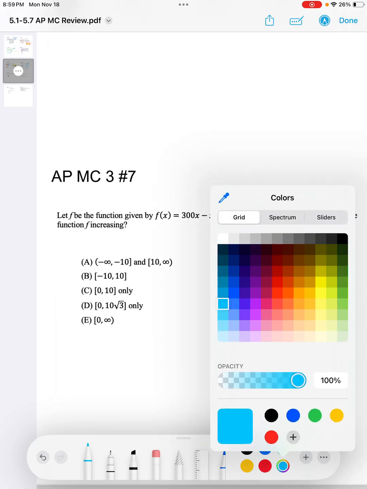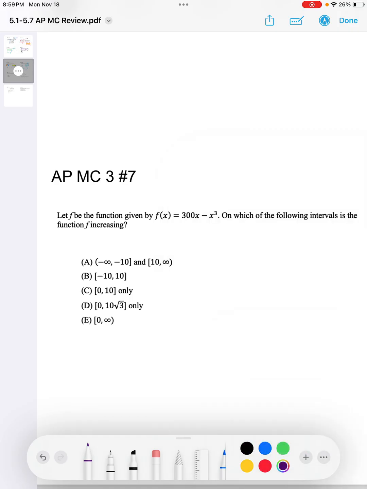All right, next one, number 7. We are looking for intervals of increasing. Intervals of increasing, I'm looking at f prime of x greater than 0. So I'm going to start off right away taking my derivative. That's going to be 300 minus 3x squared.